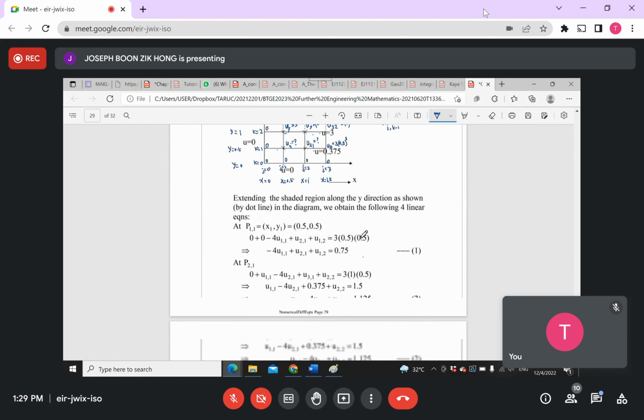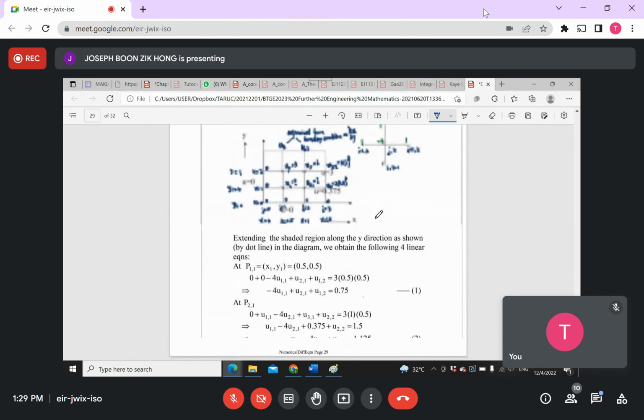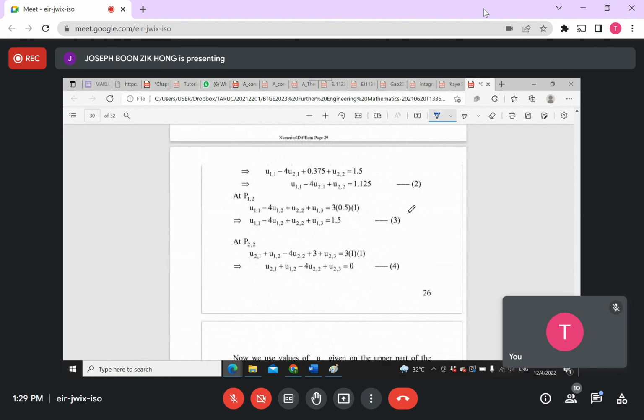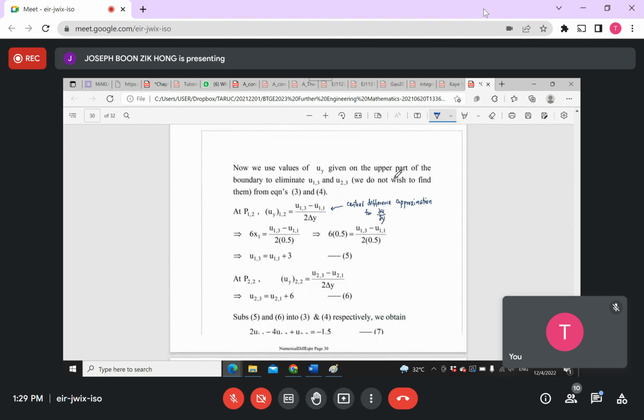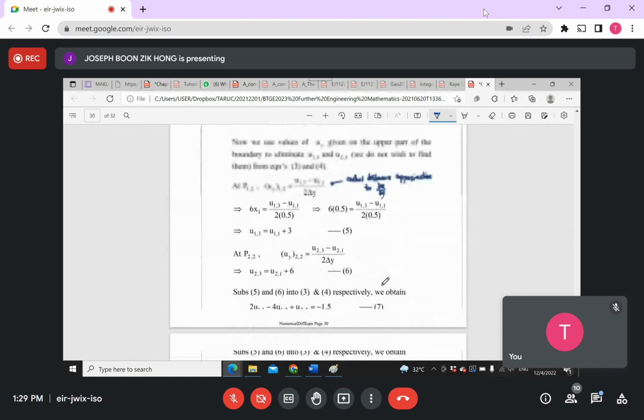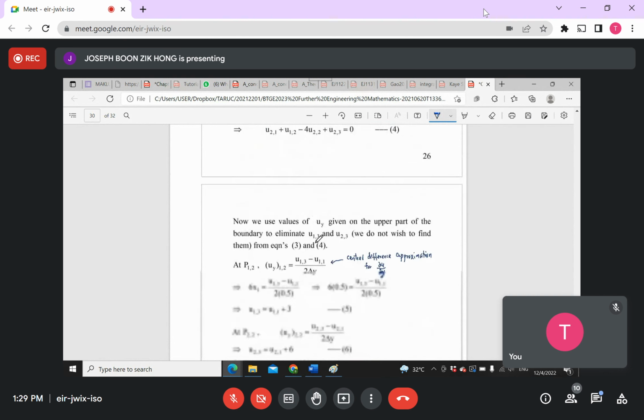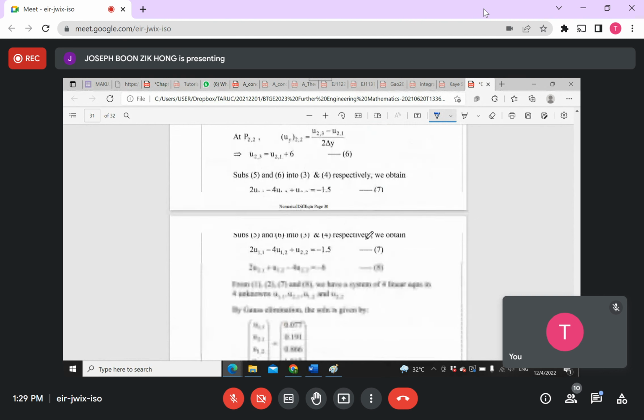Then you will form the two equations. This solution got a bit mistake there. Only need two equations, and then we will get the u1. I mean these 2 points. We want to find these 2 points. So this one got a bit mistake.